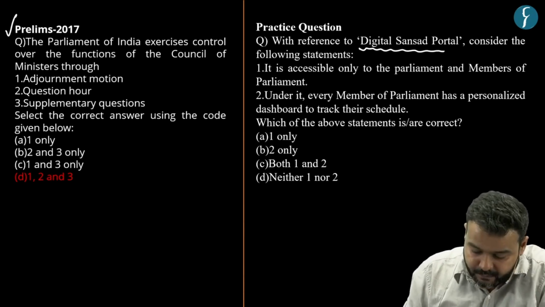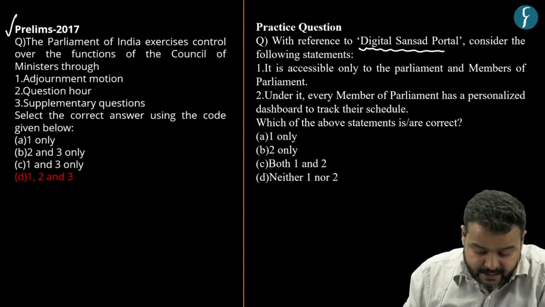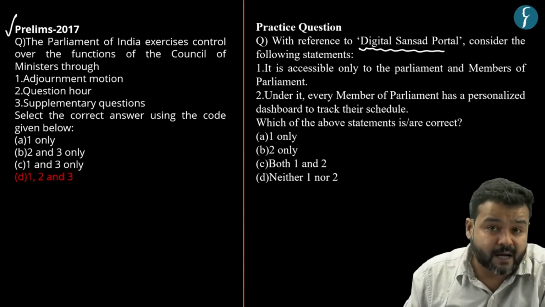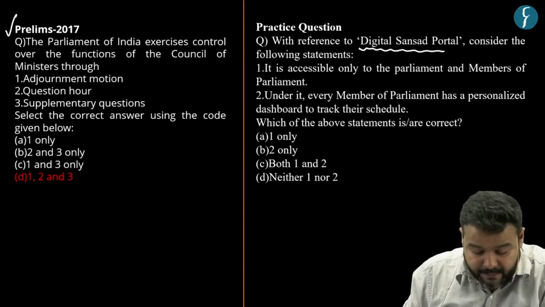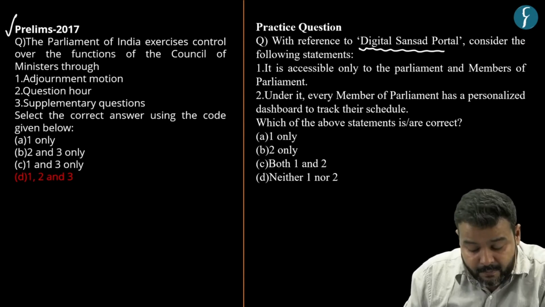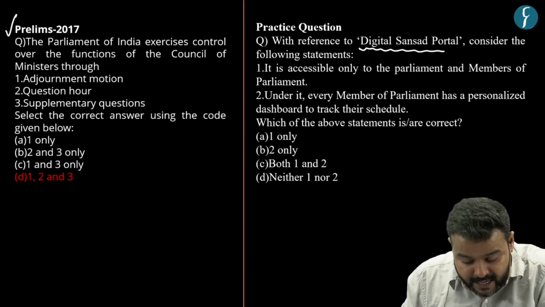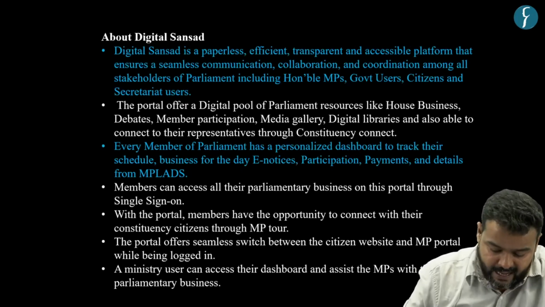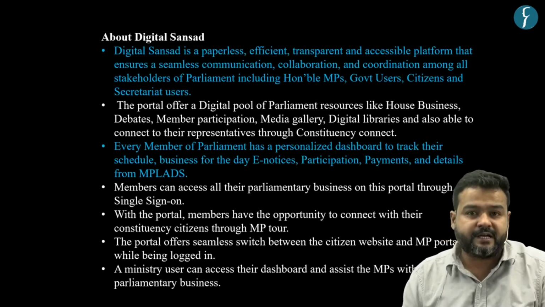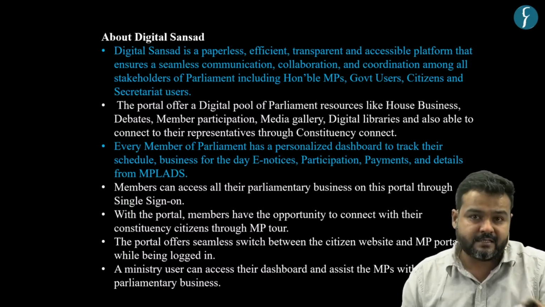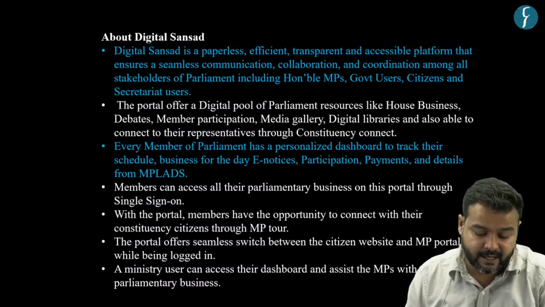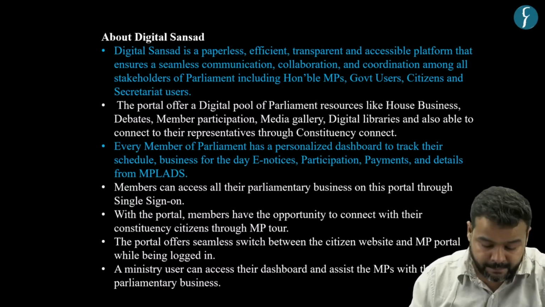The first statement says that it is accessible only to the parliament and members of parliament. Second statement says under it, every member of parliament has a personalized dashboard to track their schedule. I have highlighted the two statements which will help you in answering this question. You can take a screenshot for details regarding the digital Sansad portal.